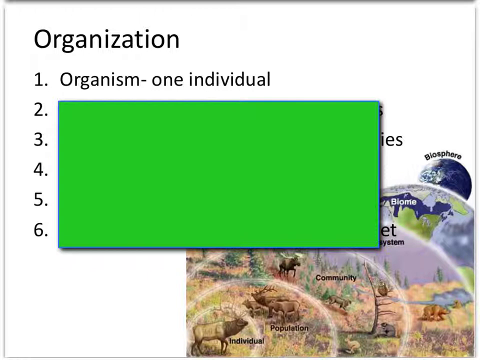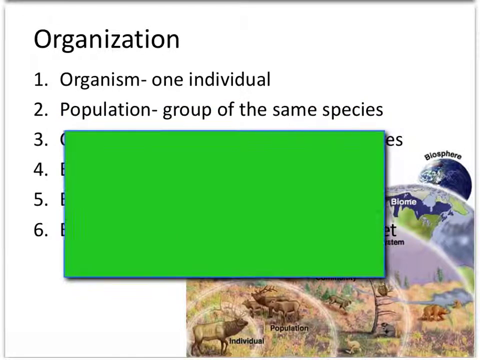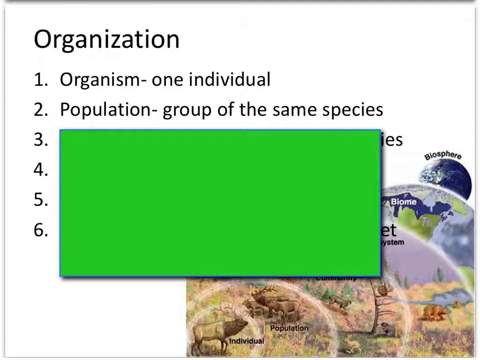And then when you have a group of the same species, that's a population. Right? So the population of humans would be all the humans. Usually we talk about it in a country, but you could talk about it in a region or the world or whatever. Or the population of meerkats or the population of whales or whatever. Actually, it wouldn't just be whales. It would be a specific species of whale, I suppose.